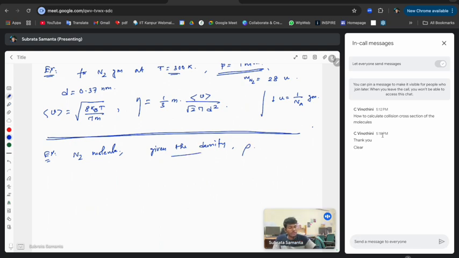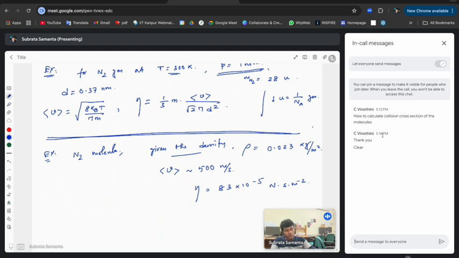Given the density rho is, let's say, 0.023 kg per meter cubed, and the average speed is given, let's say 500 meters per second, and the coefficient of viscosity is also given, eta is 83 times 10 to the power minus 5 newton second meter to the power minus 2.